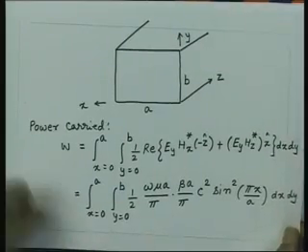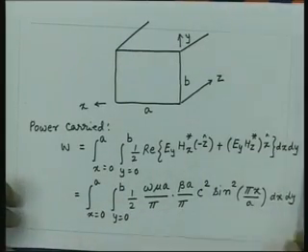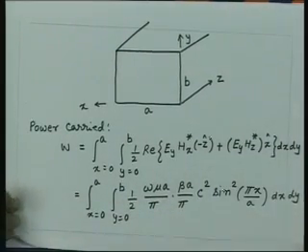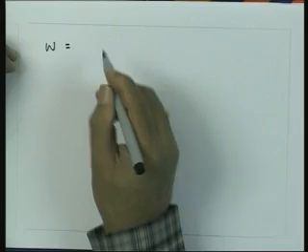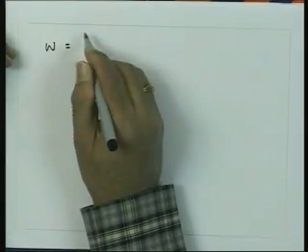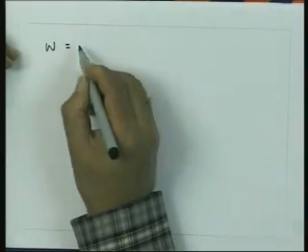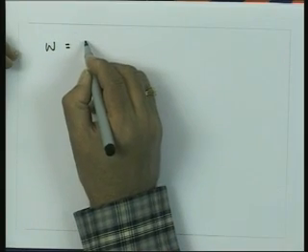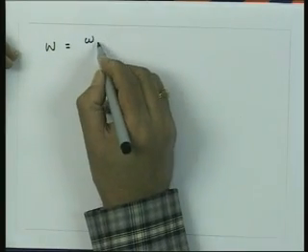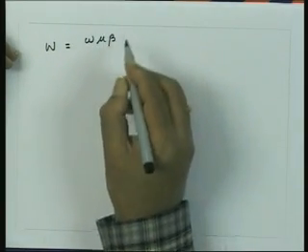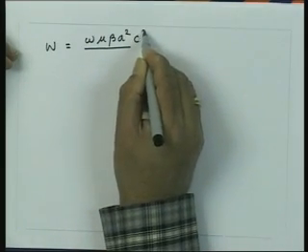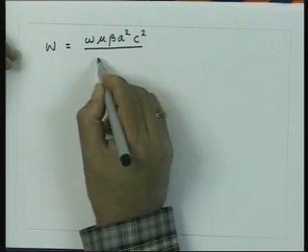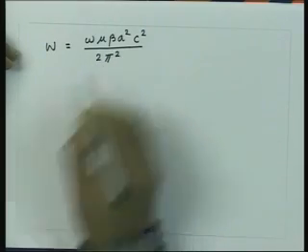There is no variation in terms of y, this is a function of x only. So I can combine these terms and get the total power inside the waveguide W, that is omega mu beta a square c square upon 2 pi square.